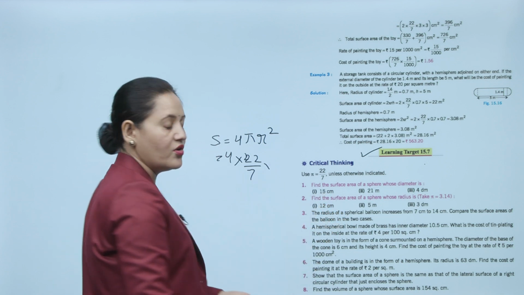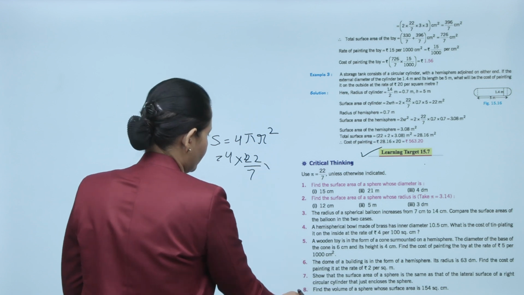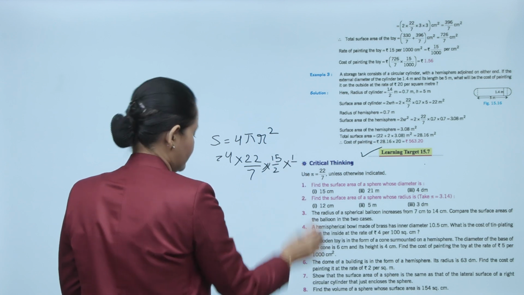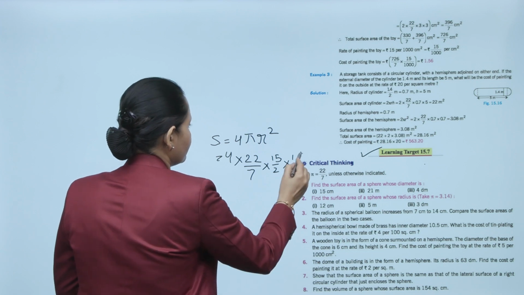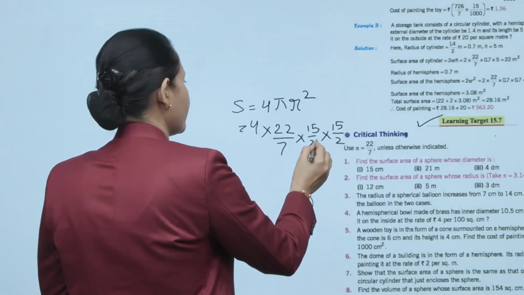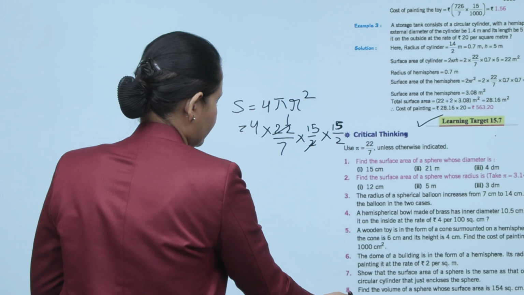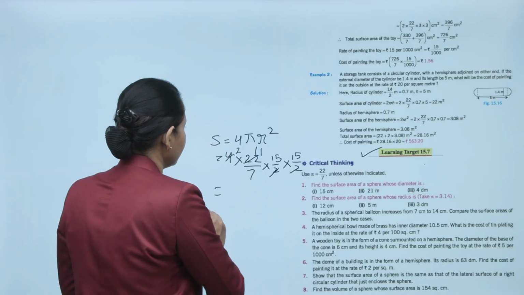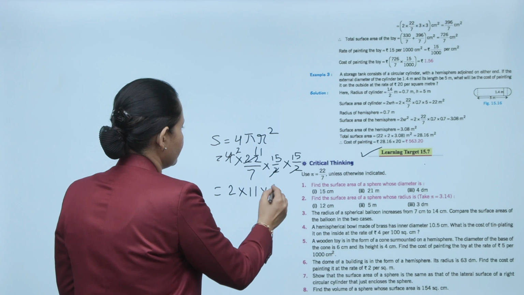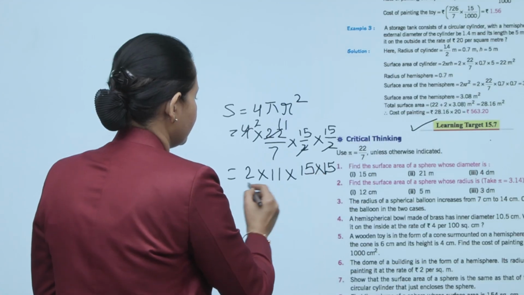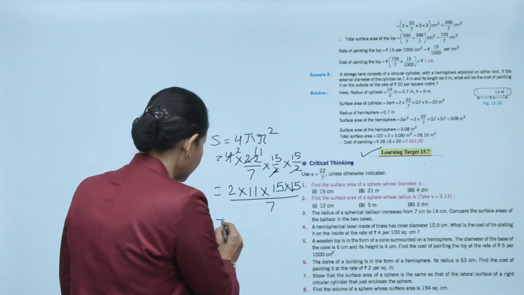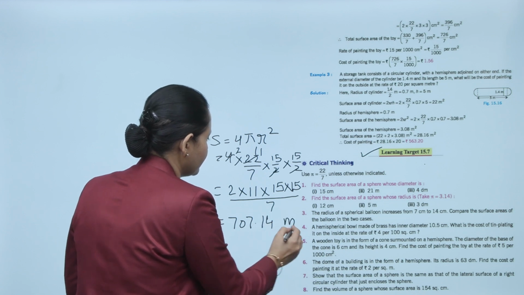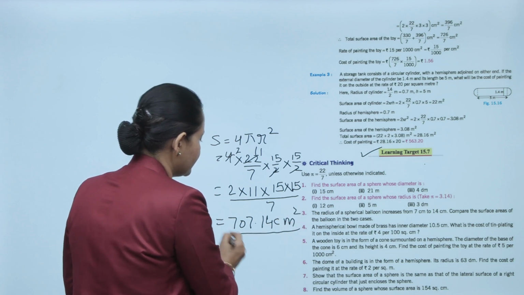R यहाँ पे डायमीटर गिवन है, सो R इक्वल्स हो जाएगा 15 अपॉन 2, मल्टीप्लाई बाय 15 अपॉन 2. सो ये हो जाएगा डिवाइडेड बाय 7. सो ये हो जाएगा 707.14 centimeter square. That is our surface area.